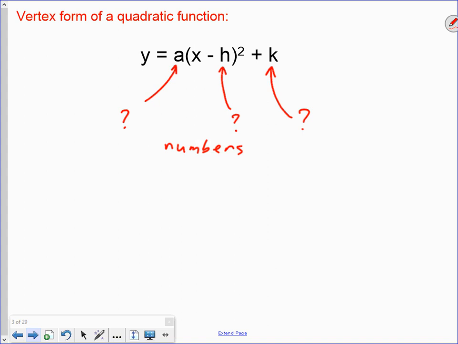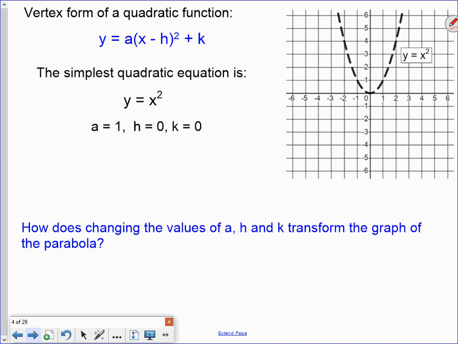To do this, we're going to look at a bunch of different parabolas that are in this form of the equation. We're going to take all of these parabolas and compare them to the simplest possible parabola that we can come up with, y equals x squared, which you see graphed over here. So this is the simplest one.